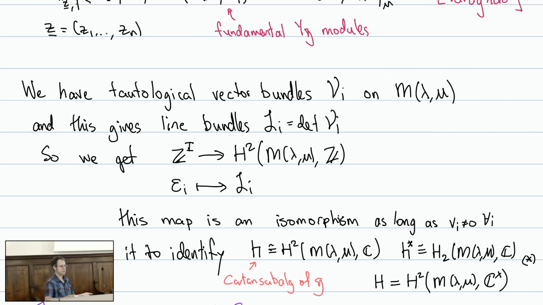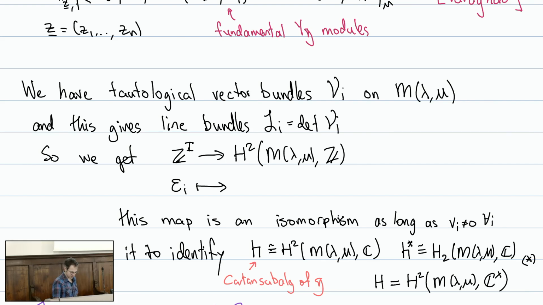Because the quiver variety was defined by quotienting by an action of these GLs, we end up with these tautological vector bundles. In the example where it's a partial flag variety, those are just the usual tautological vector bundles on a partial flag variety or its cotangent bundle. So from these tautological vector bundles, we can form line bundles, and from these line bundles, we can form classes in H2. Sorry, I should have said c1 here, I suppose.